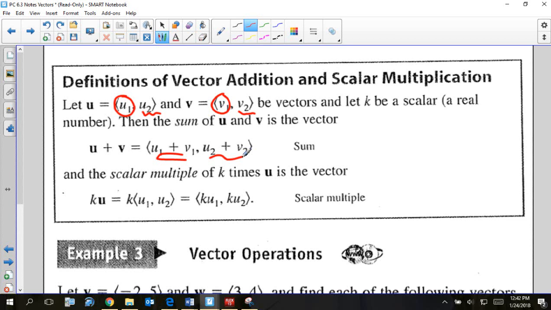Same thing with subtraction. And scalar multiplication is the same as with matrices: if you were multiplying a matrix by one number, you multiply every number inside by that number. So we basically take that k and multiply it by both pieces of the component form. That's an easy rule.